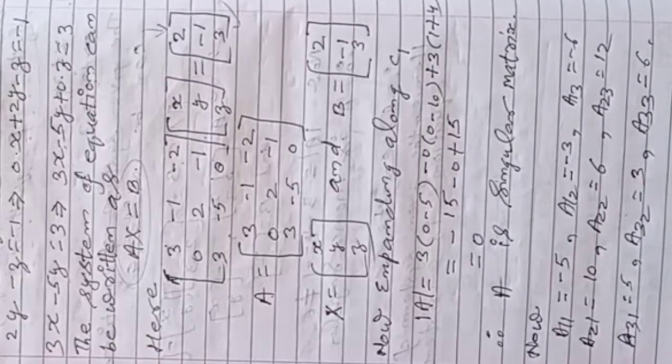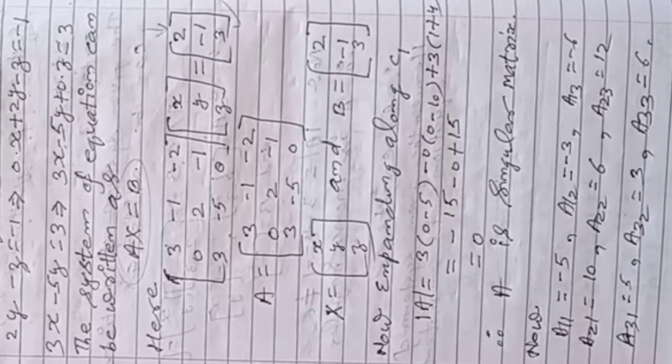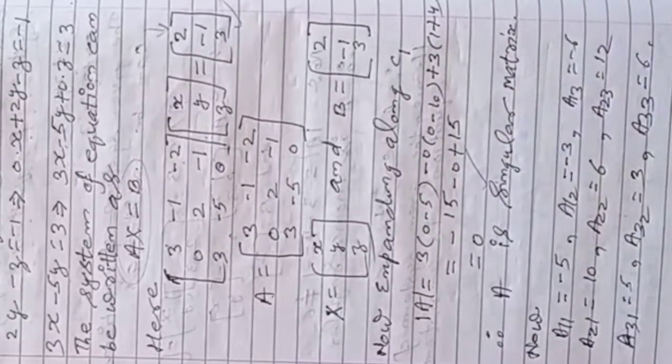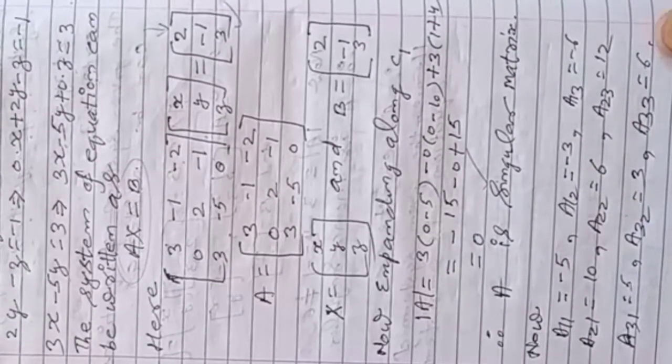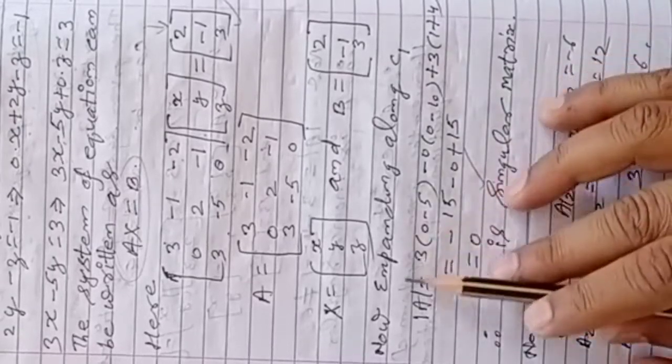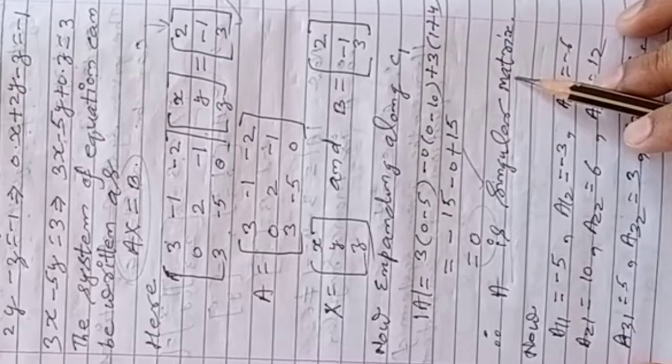If it is not equal to 0, then it is directly non-singular, or if it is equal to 0, then we have to do some more work. Expanding, its value is coming 0, so it is a singular matrix.